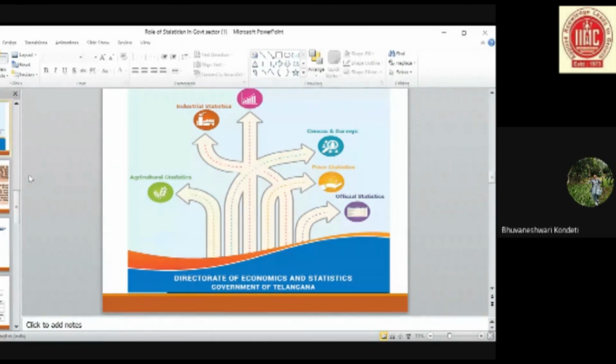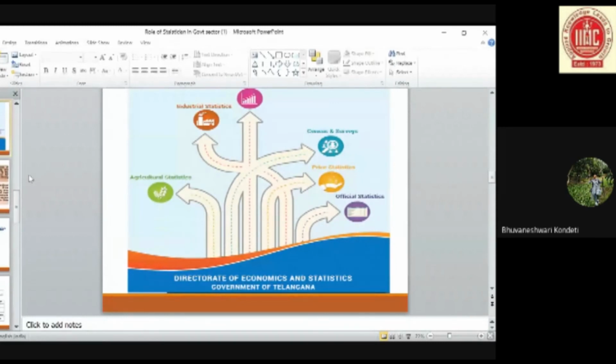Each year, the theme of the socio-economic survey will be different. For example, they'll conduct on drinking water and sanitation, sometimes education, and sometimes domestic tourism and land holdings. The theme will be different.